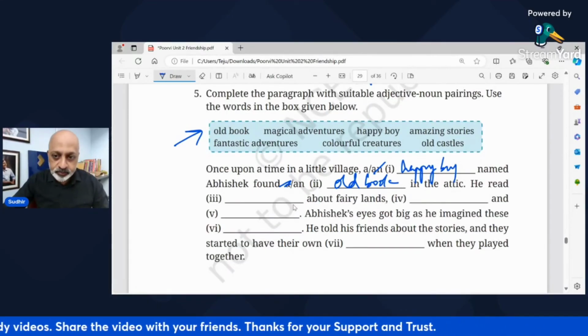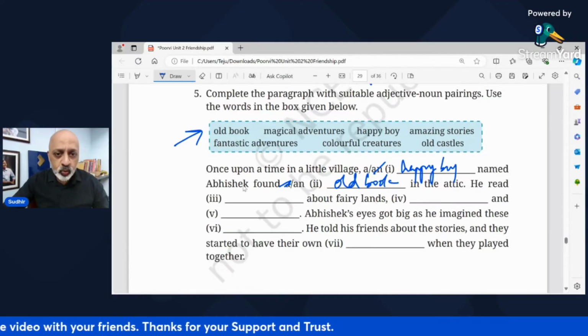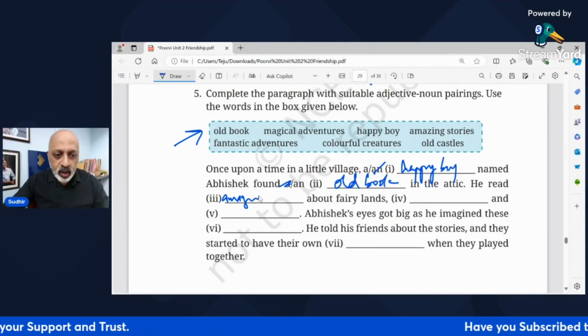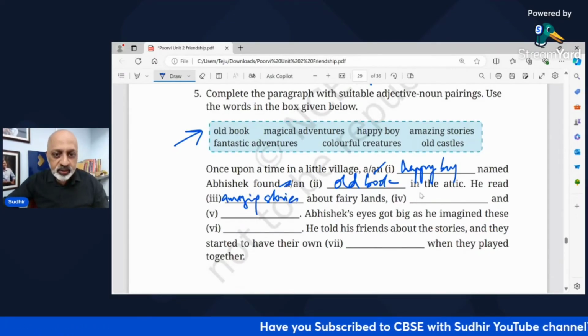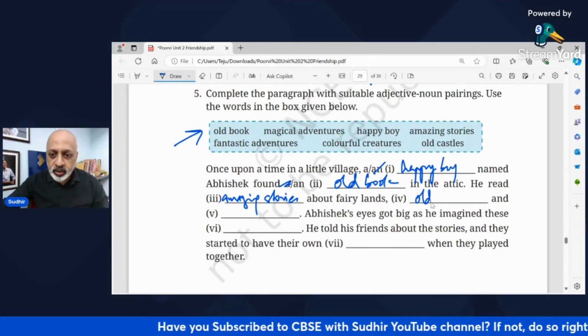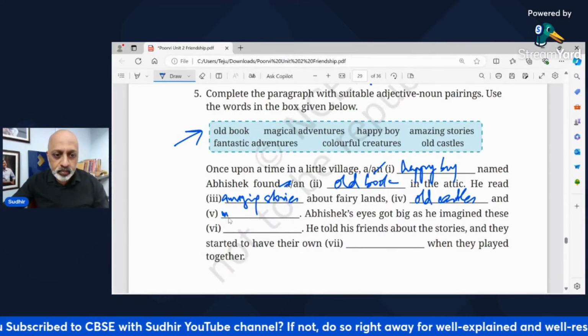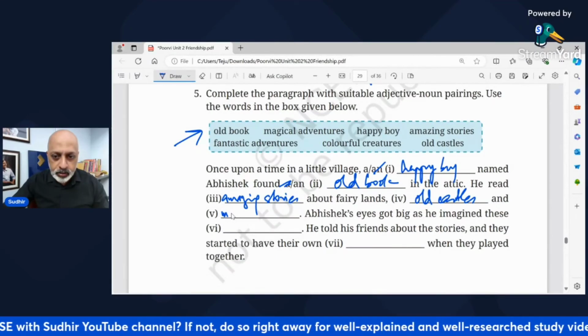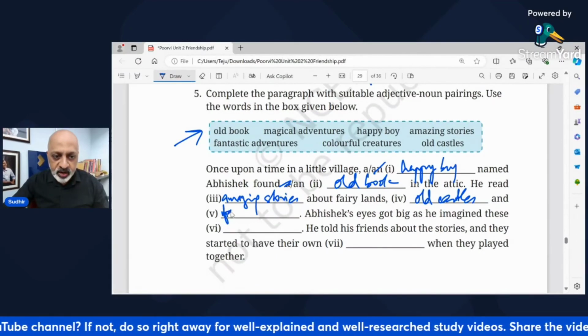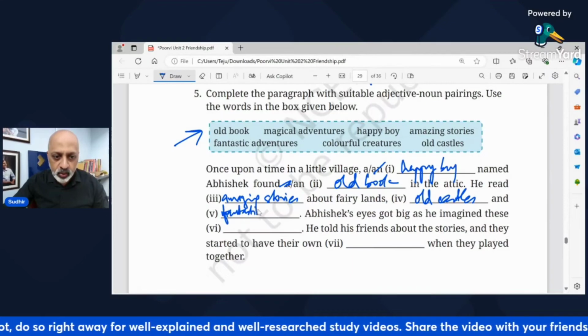He read about fairylands. What did he read about fairylands? He read amazing stories about fairylands. Then you could write old castles and fantastic adventures. Okay.